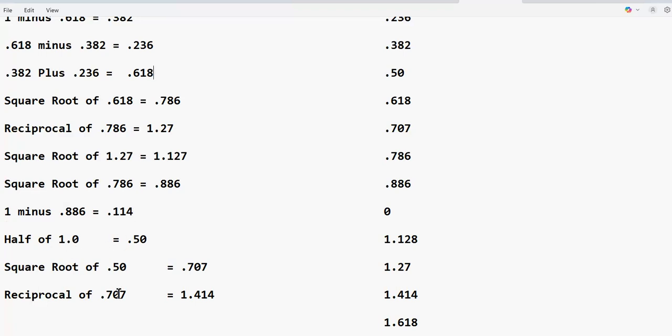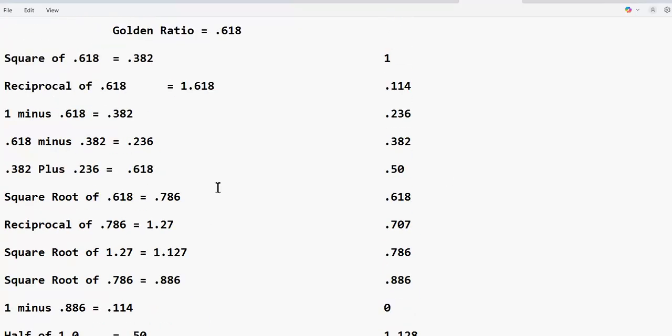Now, this half is not a Fibonacci number, but since we're using 1, we just take it and put it in the 2. It's like 50%, half of it, the middle point. So the half of 1 is 50, and the square root of 50 is 0.707, and the reciprocal of 0.707 is 1.414.